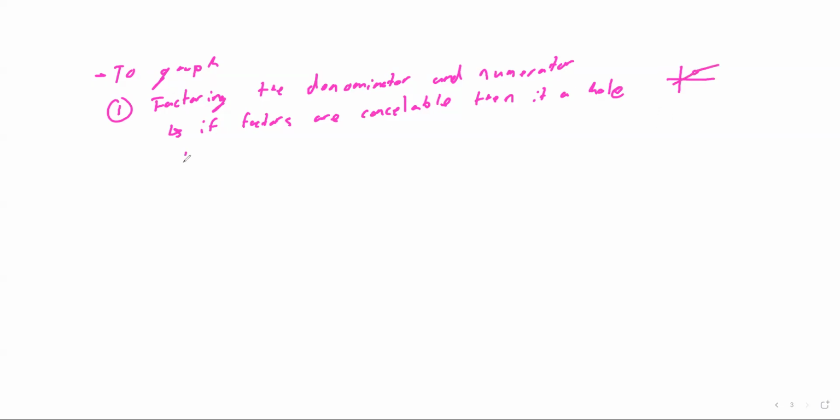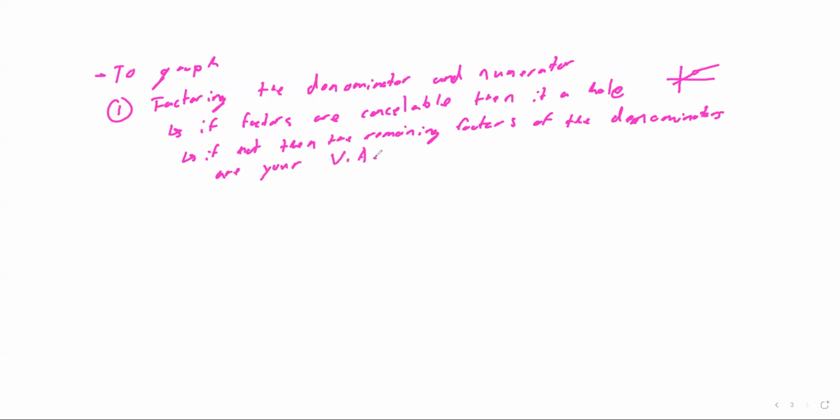If it is not cancelable, then the remaining factors of the denominator are your vertical asymptotes.